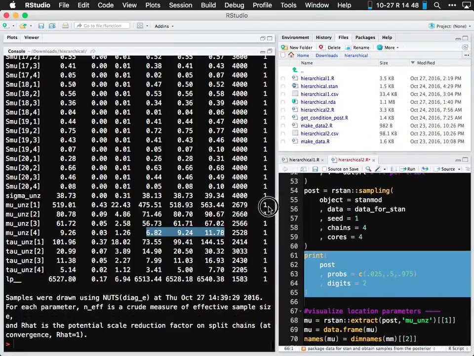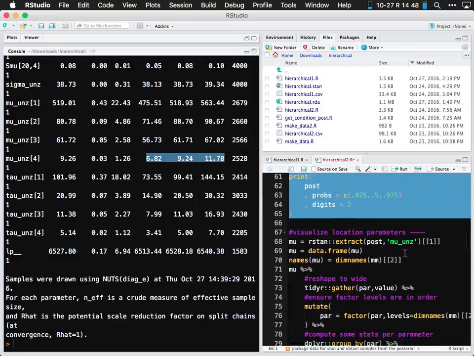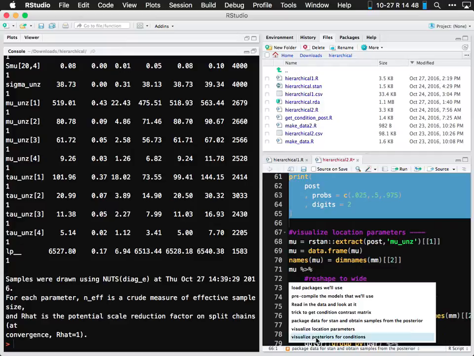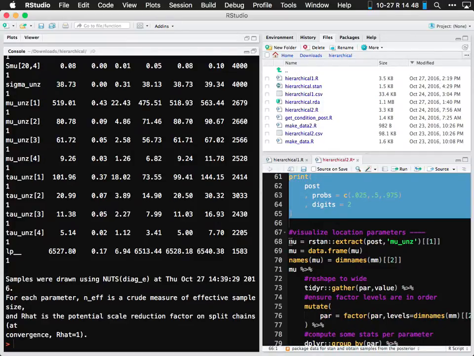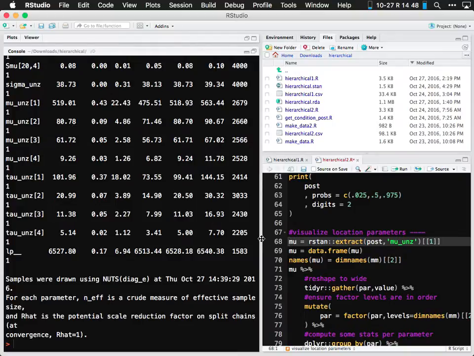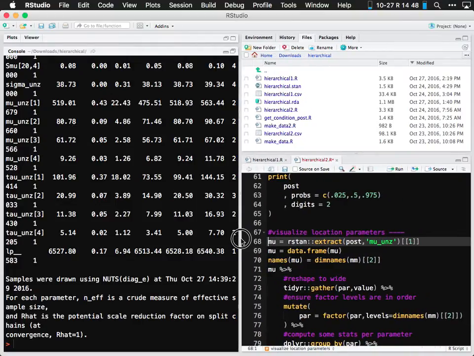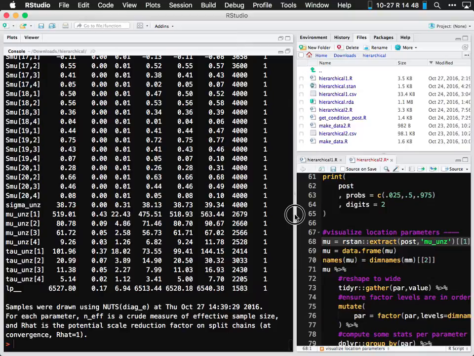I have created some code below, starting at 67, but you can look in the table of contents here: visualize the location parameters. So mu is that location parameter, the mean of the population location, as contrasting with tau, which is the variability of one person to another, which we're not going to bother with.